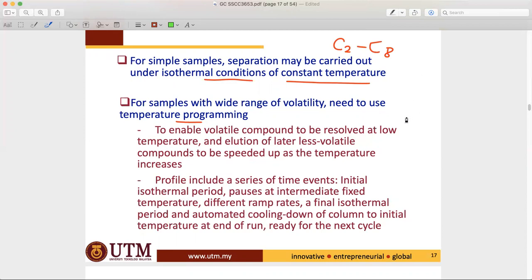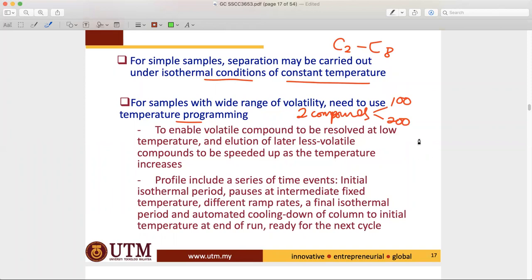So, what you need to do is that, okay, for example, you have two compounds, okay? Two compounds where the first compound, the boiling point is 100. And then the second compound, the boiling point is 200.